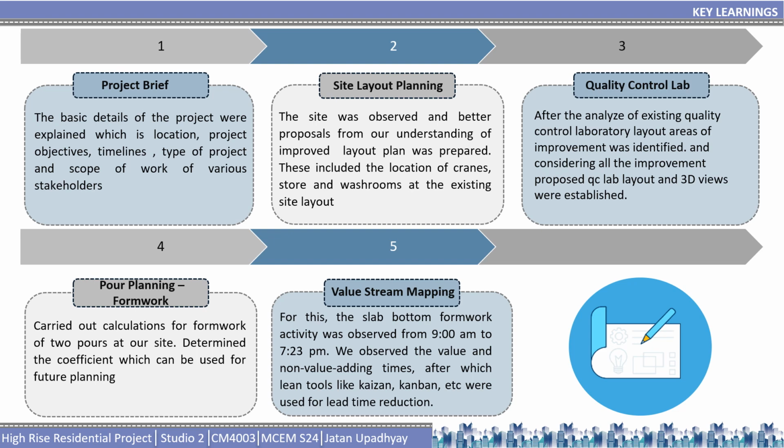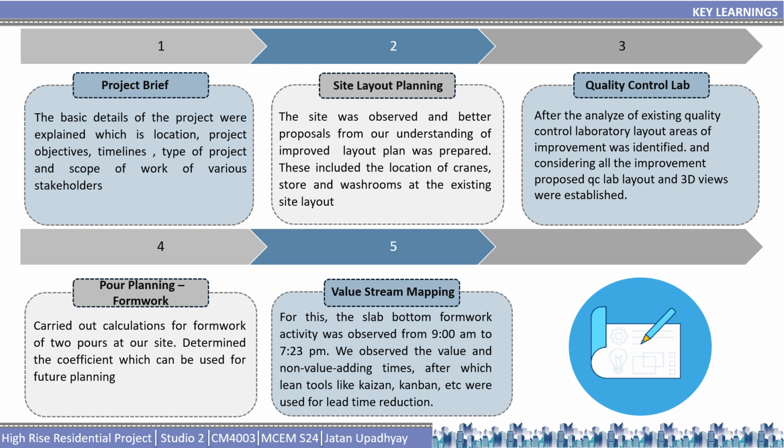In the quality control lab, after analysis of the existing quality control lab layout, areas of improvement were identified. Considering all the improvements, a proposed QC lab layout and 3D views were established. In the formwork calculation of two floors, we carried out calculations for formwork of two floors at our site and determined the coefficient which can be used for future planning.